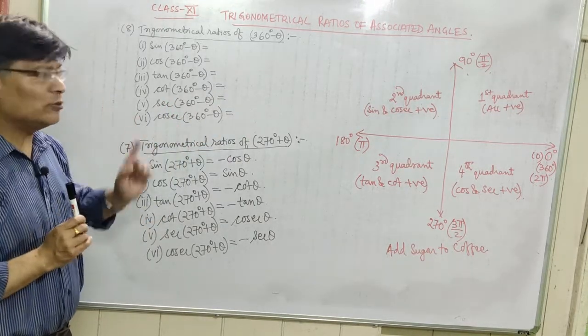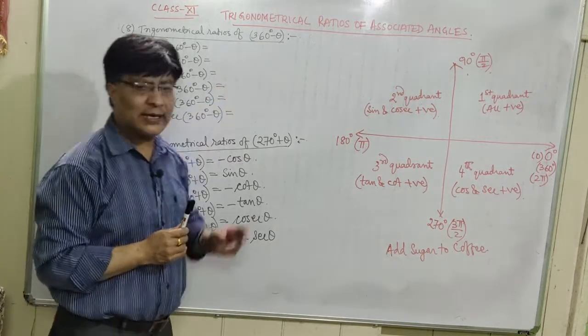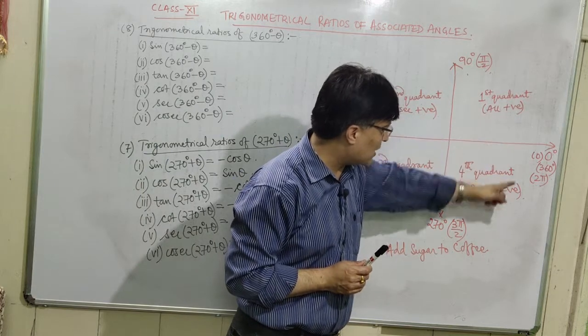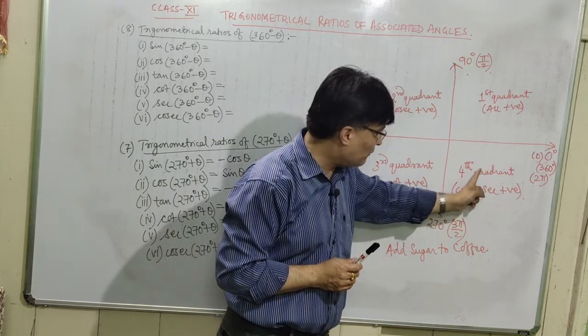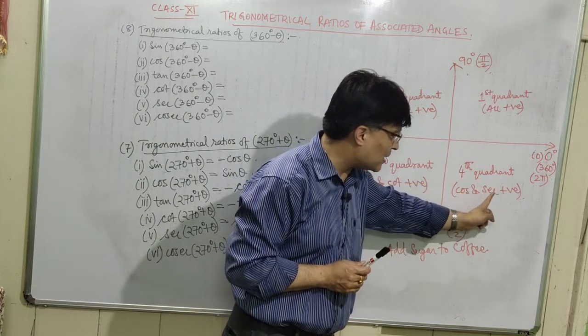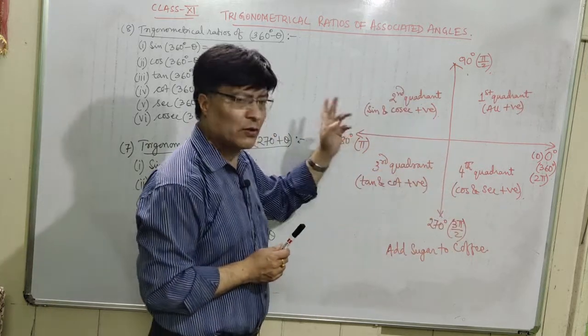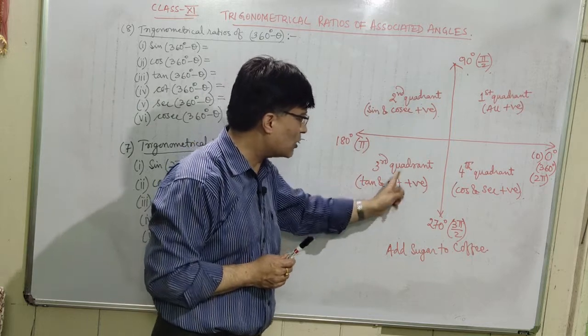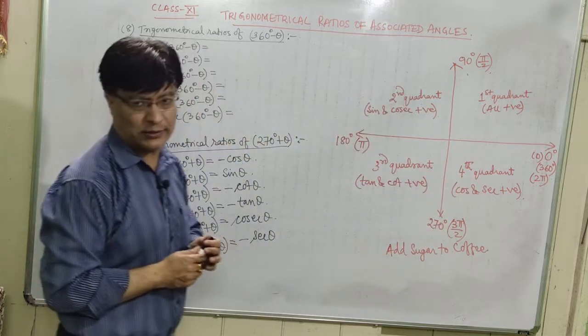Now, in which quadrant does this angle lie? 360 degree minus theta lies in the fourth quadrant. In the fourth quadrant, only cos and sec are positive, but all other trigonometrical ratios, sine, cosec, tan, cot are negative in the fourth quadrant.